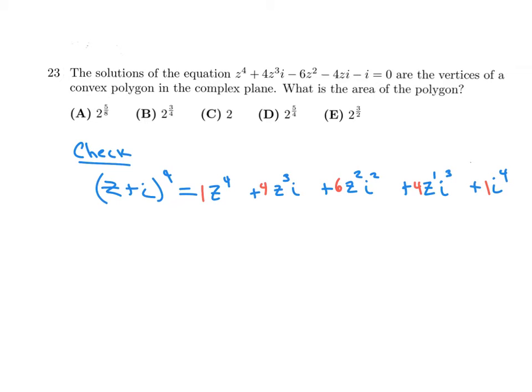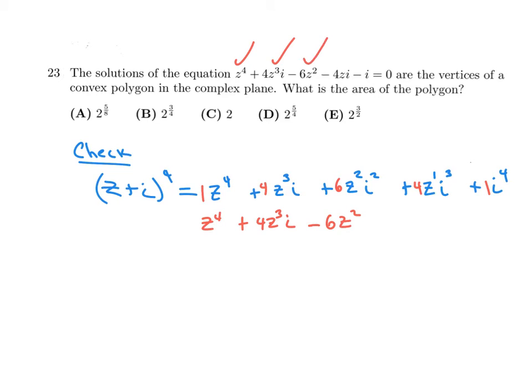Now if we simplify this, we're going to get almost everything we see up there. So z to the fourth, that's just z to the fourth, which checks. 4z cubed i, that works. That's what we wanted. And then i squared is -1, right? So if you simplify this third term, you get -6z squared.